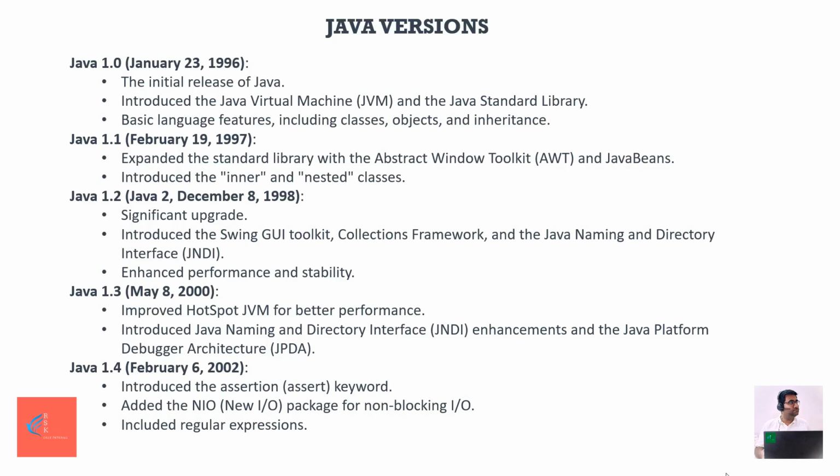Java naming and directory interface enhancements were introduced, and Java platform debugger architecture was also introduced. After that, we had Java 1.4. The assert keyword was introduced in that version. A new package for non-blocking IO and regular expressions were introduced in that version.